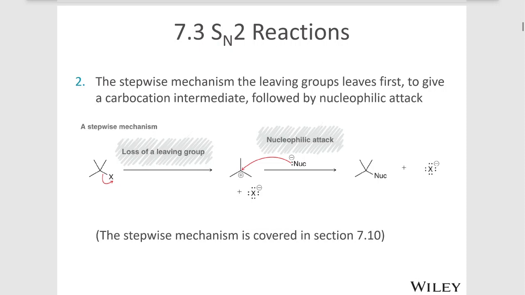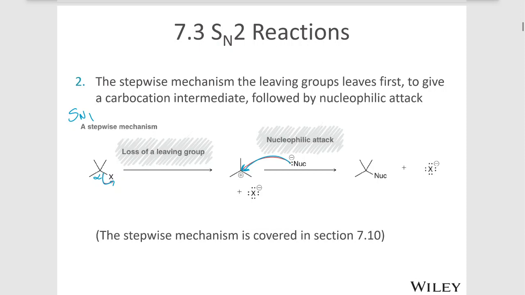Okay, but we can also have a stepwise mechanism, or an SN1 mechanism, where we have the leaving group leaving first, and then the nucleophile attacking at the carbon that was the alpha carbon. So the leaving group leaves from the alpha carbon, then the nucleophile attacks at that carbon that was bearing the leaving group usually.